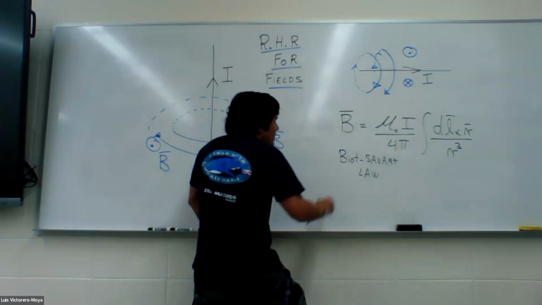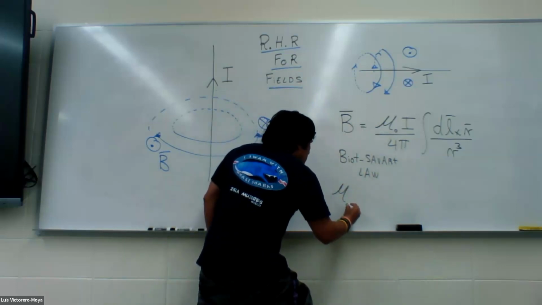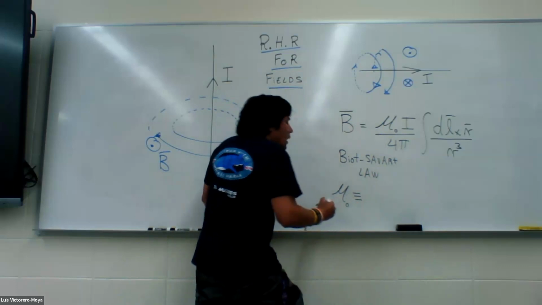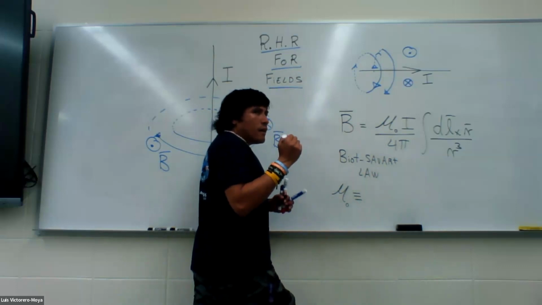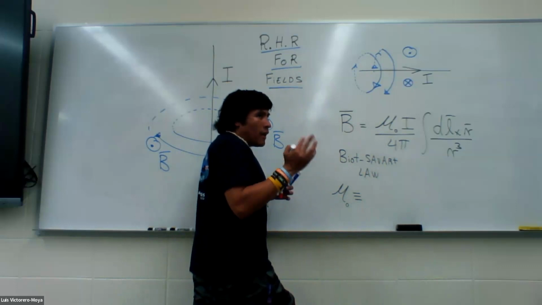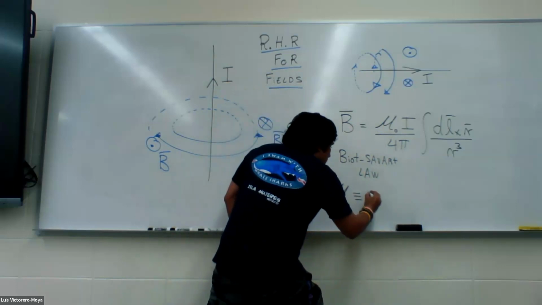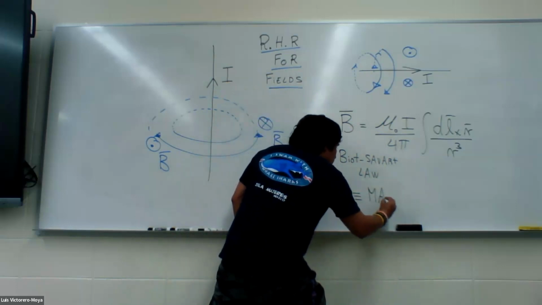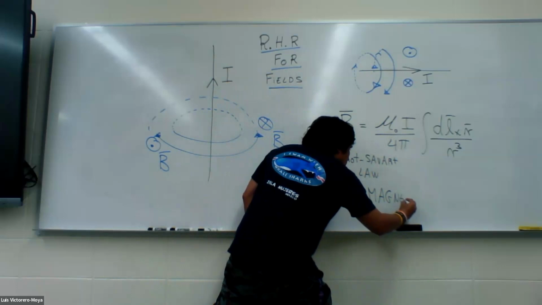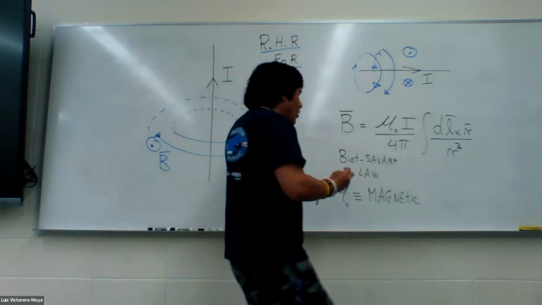And why am I showing you this? Because of that mu naught. What is this mu naught? You remember E naught in electrostatics; mu naught is now the magnetic permeability of free space.